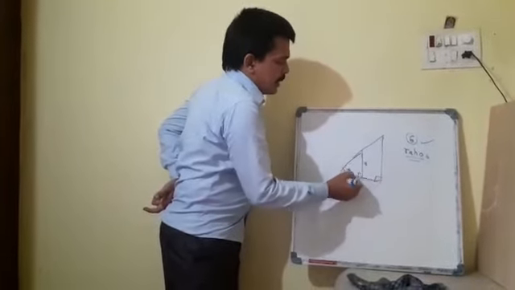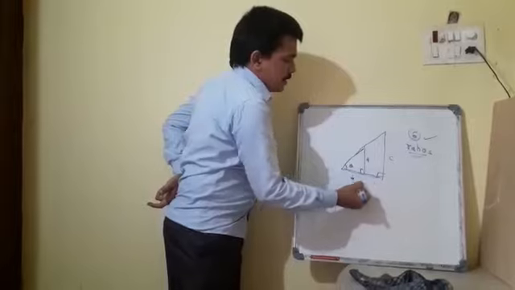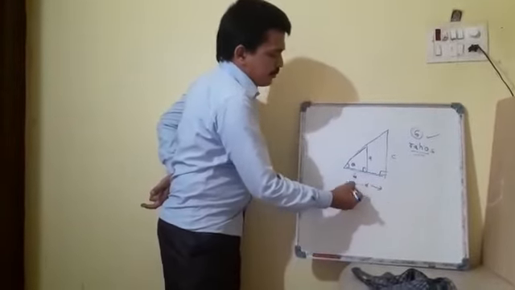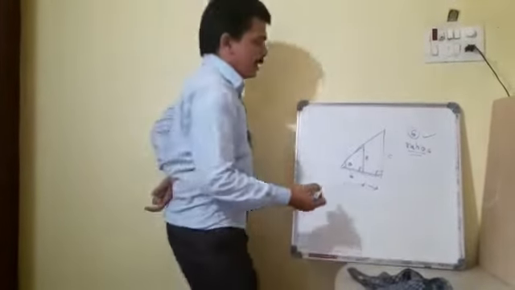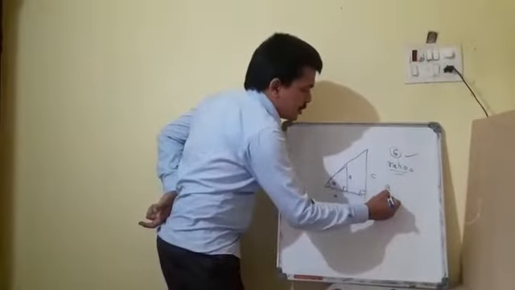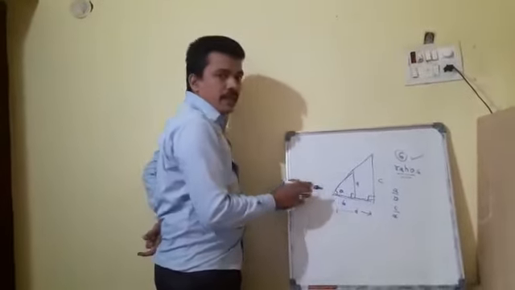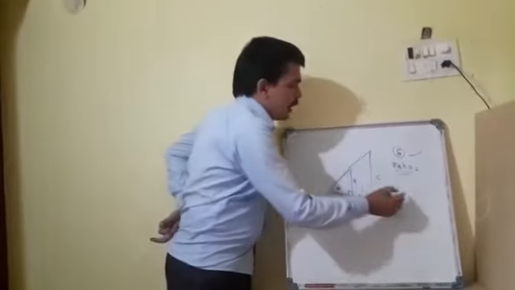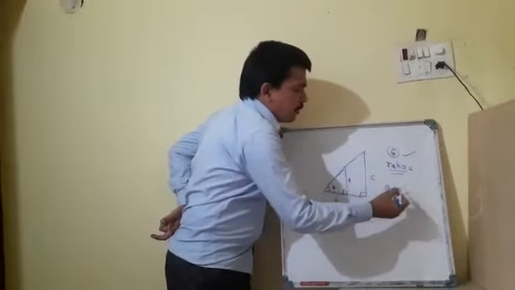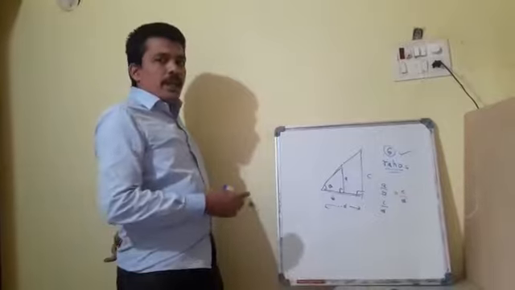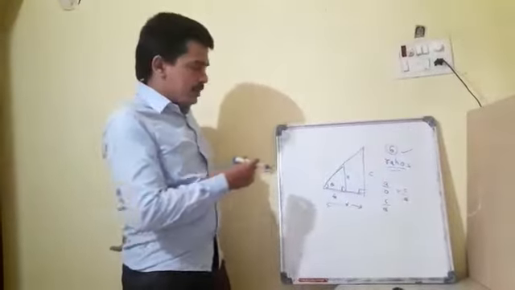Let us take this as A, this as B, this as C, and this total as D. They took the ratio A by B and C by D. For a particular angle theta, they found that the ratio was equal every time. This made them very interested and they did research on that.